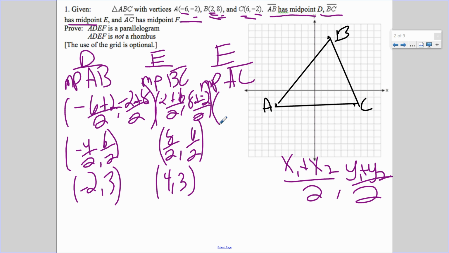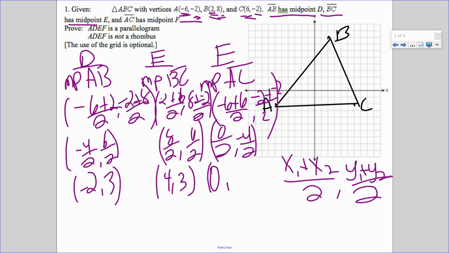And AC, -6 and 6, -2 and -2. That's going to be 0 over 2, -4 over 2, 0, -2.